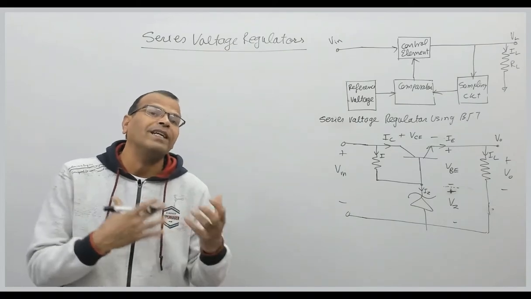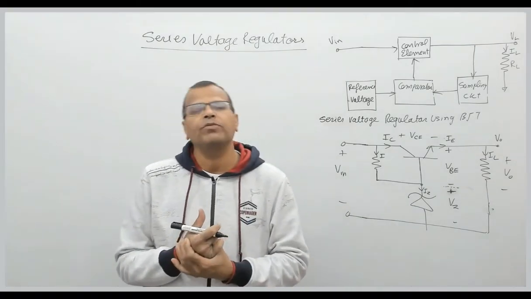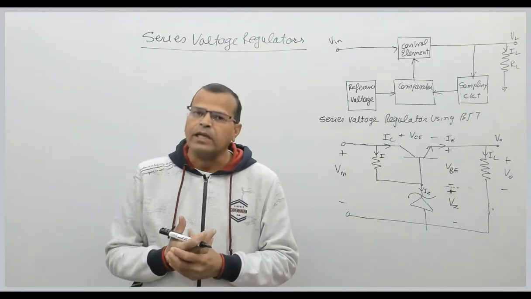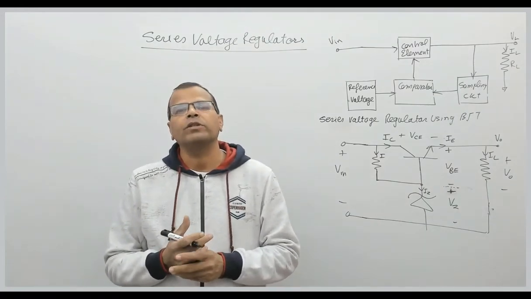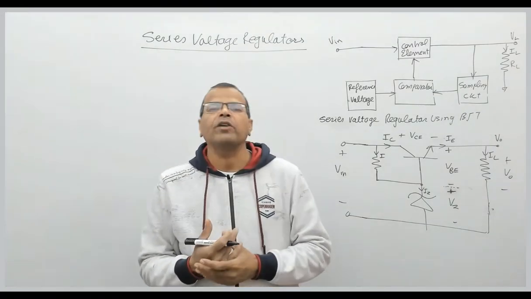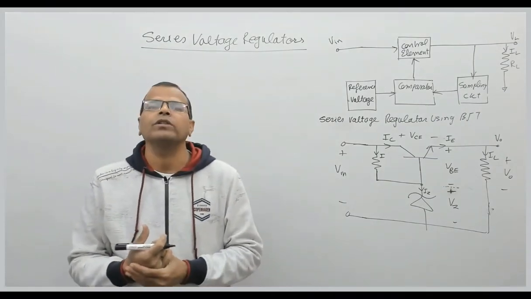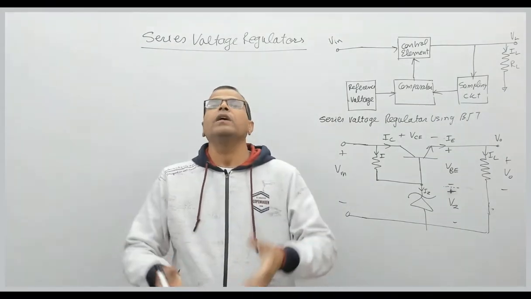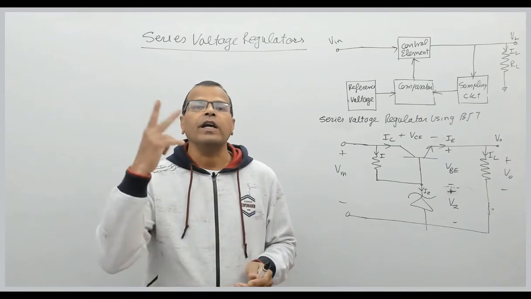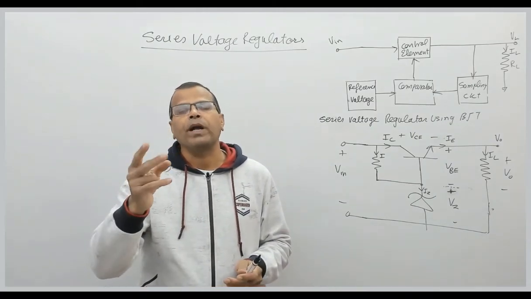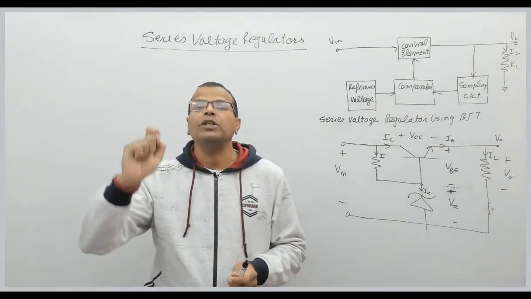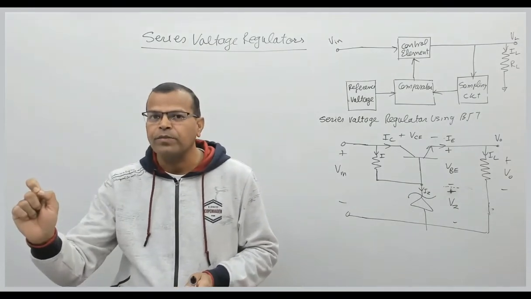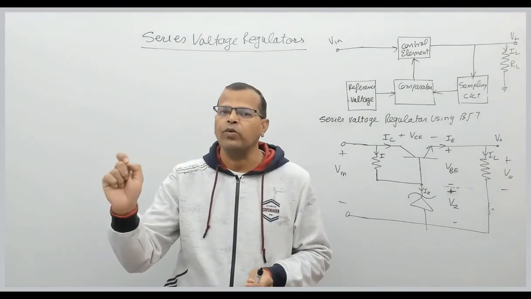Previously we have already discussed that there are two types of power supplies, that is unregulated and regulated power supply. In case of regulated power supply we have linear voltage regulators and switching regulators. In linear regulators again we have two types, that is series voltage regulator and shunt voltage regulator.